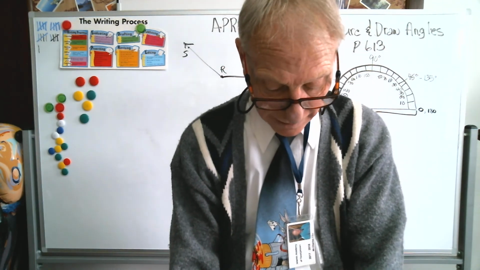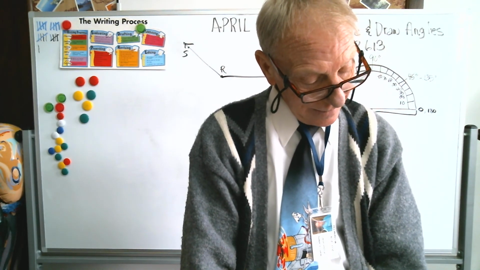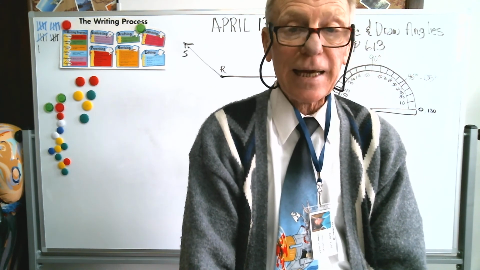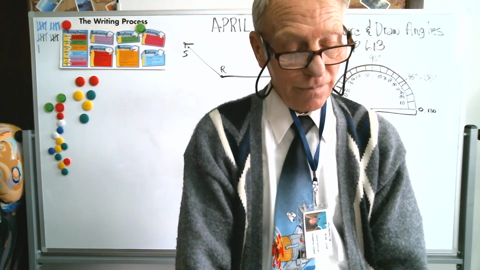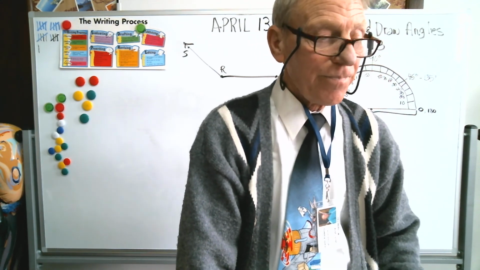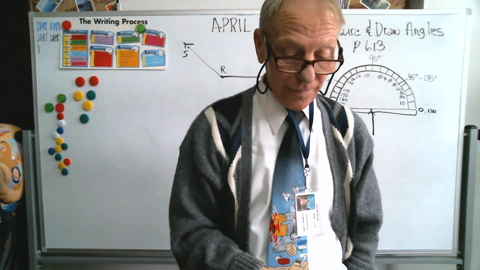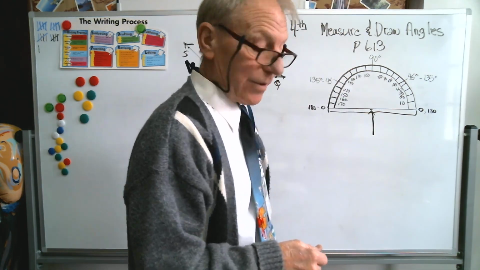You've got homework on 617 and 618, and I don't see anything there that I don't think you can easily do, my fourth graders. So, that's our lesson for today. 11.3 is the lesson.